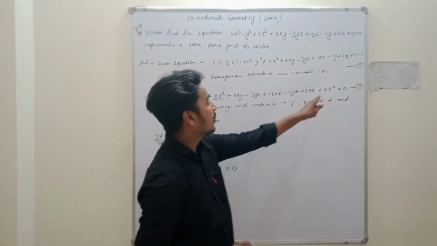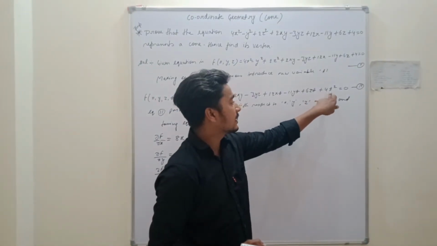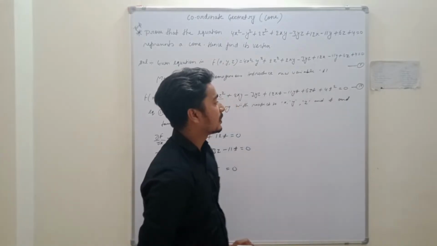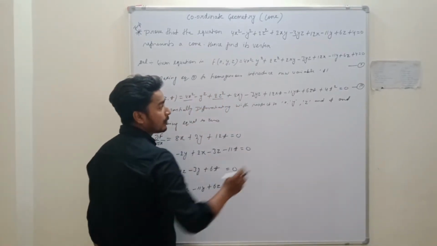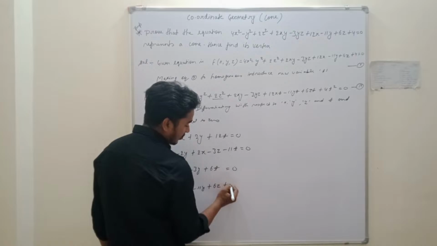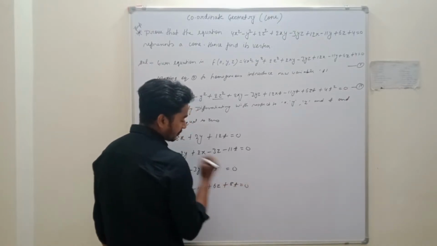And 4t², where 4 is constant and t² differentiates to 2t, gives +8t. This is equal to 0.